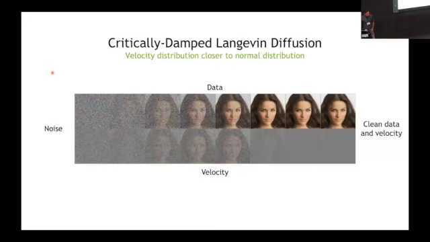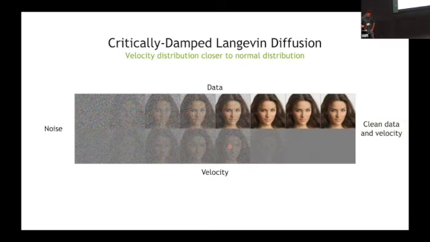Anyway, if we now look at an image generation system, how does it look like? On the left-hand side, you have pure noise, and on the right-hand side, you have data. So your image gets generated kind of as usual, it looks like. And the crucial thing to note is your velocity is always somewhat noisy, and maybe it's closer to a normal distribution. That's interesting, right?